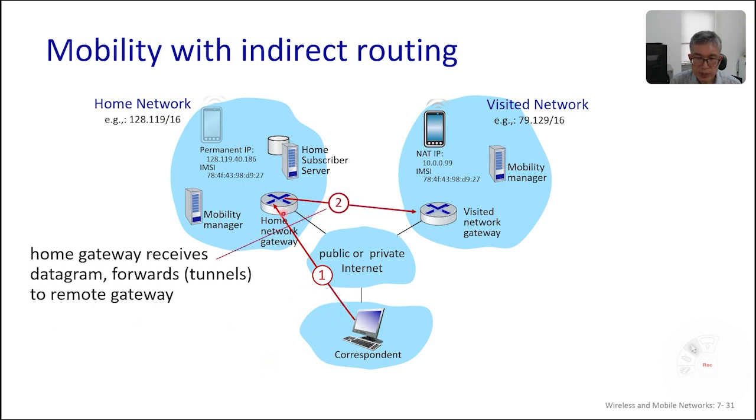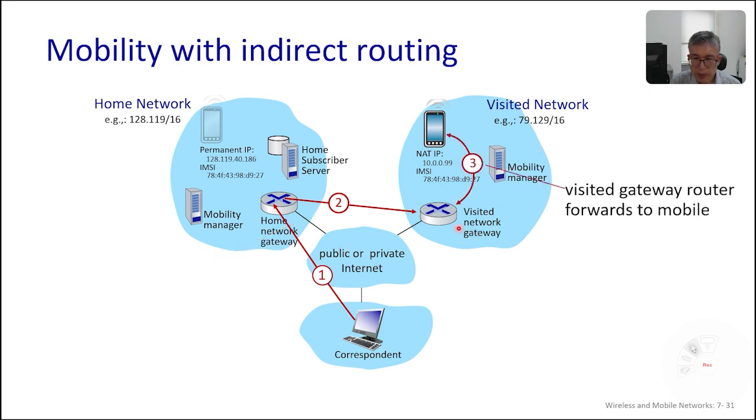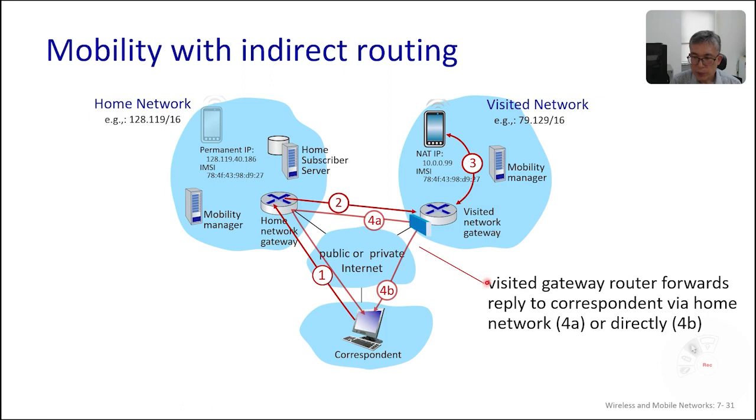Using tunneling, the home gateway receives the datagram and forwards it toward the visited network gateway. Then the visited gateway router forwards it to the mobile device. The visited gateway router forwards the reply message to the correspondent node via the home network gateway, and it eventually reaches the correspondent node, or it can forward directly.